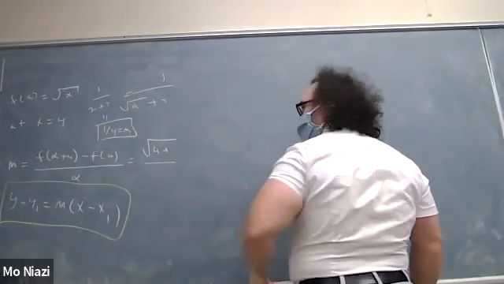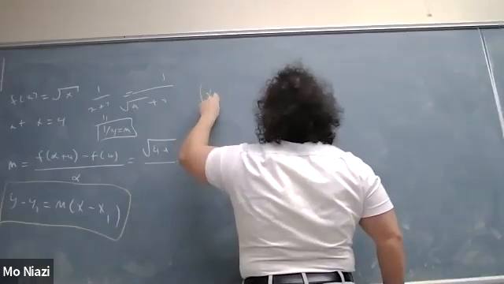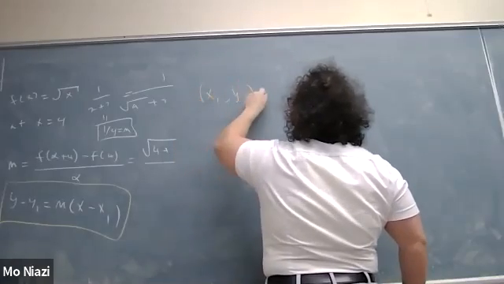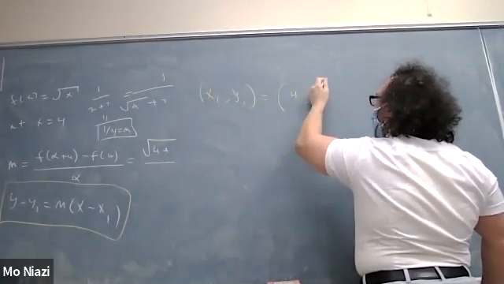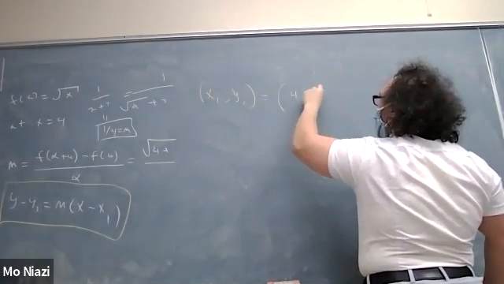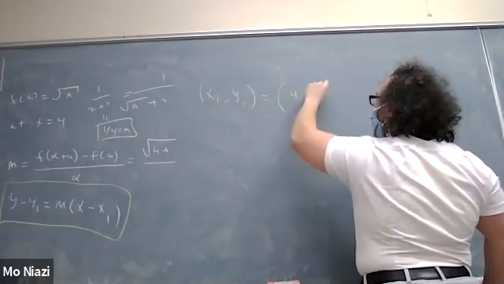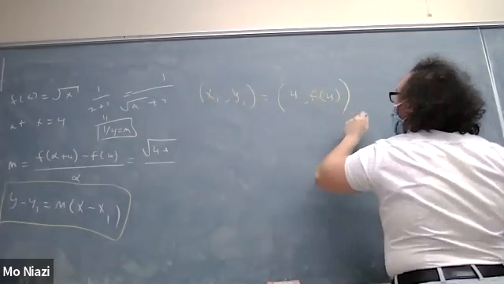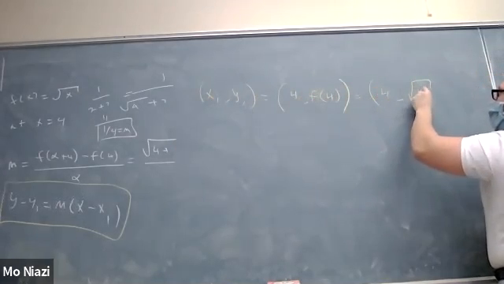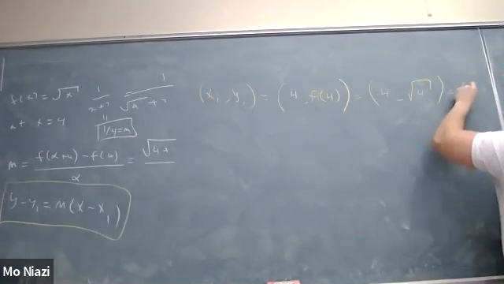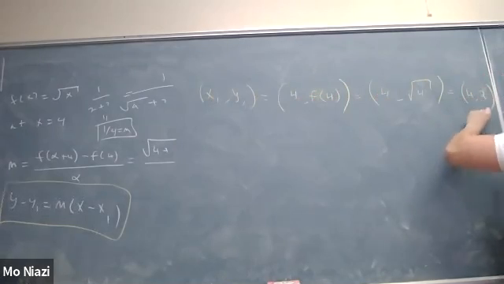So our x1, y1 is equal to 4 comma f of 4. But this is equal to 4 comma square root of 4, which is 4, 2.